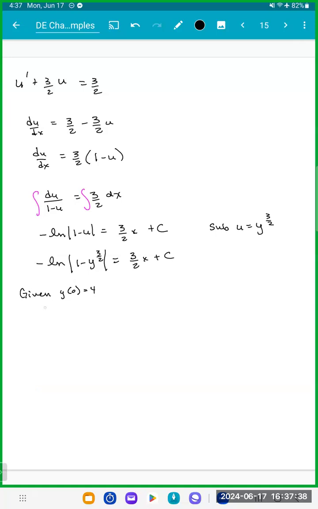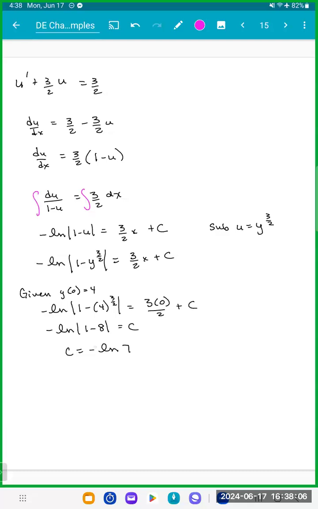We would have negative ln of 1 minus 4 to the 3/2 equals 3 times 0 over 2 plus c. Simplifying a little further, that gives me negative ln 1 minus 8 equals c. So c is equal to negative ln of 7.